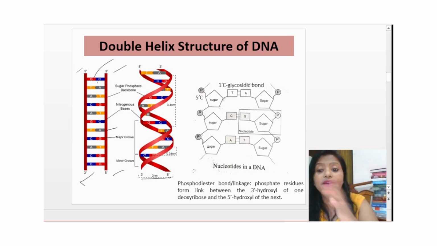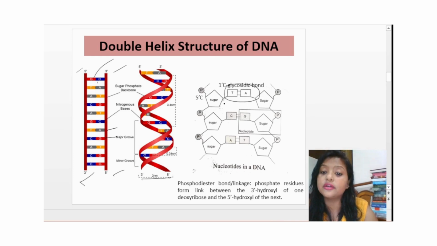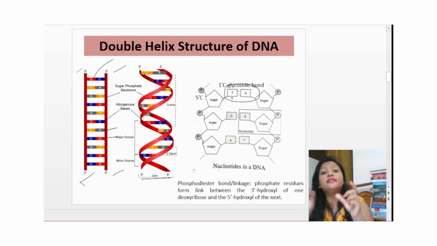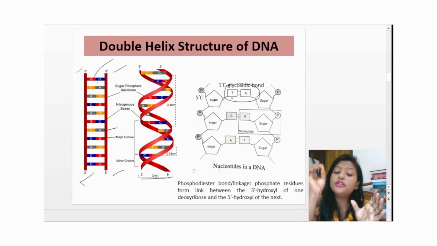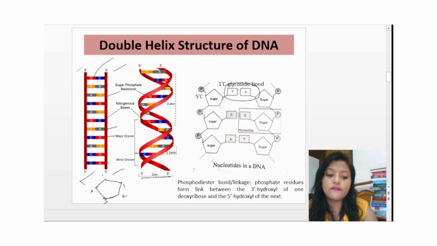Fine. Now come to the right side picture. I've already explained it in my previous slide, but once more I'll do it for you. See, here it is the AT group. This is the pairing between two nitrogen bases. Then you can see on both sides is a sugar. So this T or A, whatever nitrogenous base is there, this base is linked to the sugar at the first carbon. See, the diagram of sugar is like this. There are 5 carbons, numbered 1, 2, 3, 4, 5.